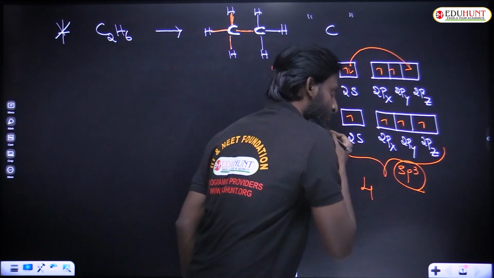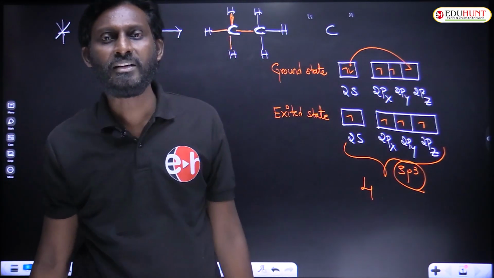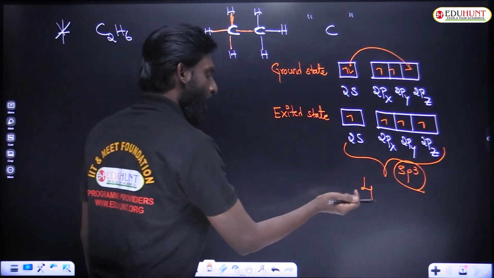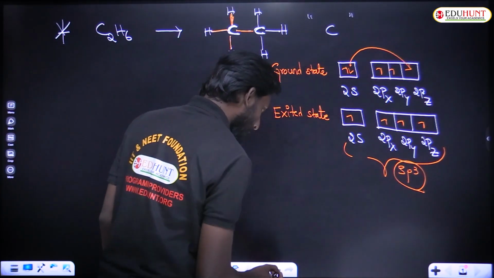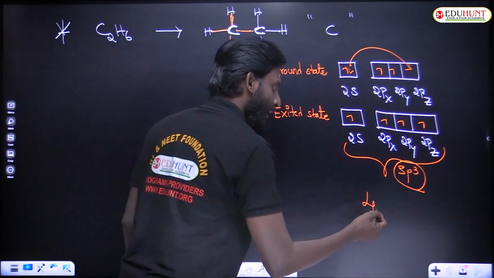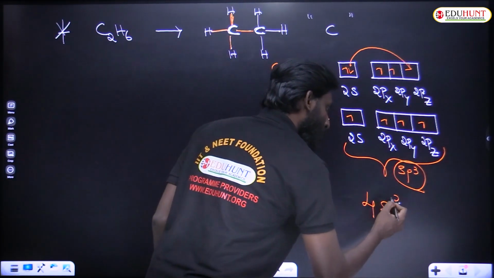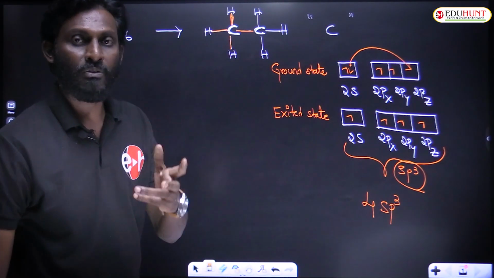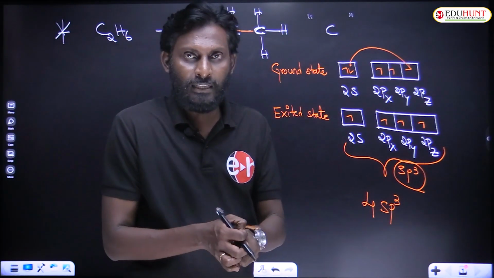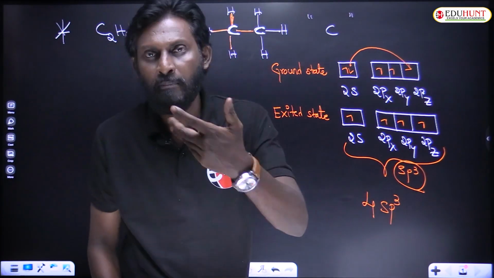How many orbitals are you getting? 4 hybrid orbitals. What type? sp3 hybrid orbitals. That means 4 atomic orbitals intermixed to give 4 hybrid orbitals.